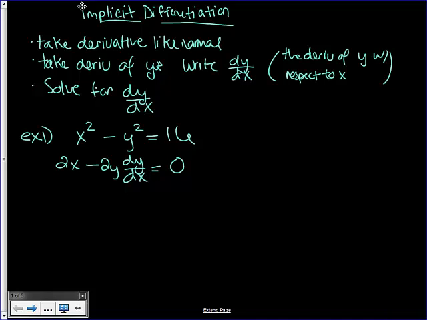Now, my last step, solve for dy/dx. So to solve for dy/dx, I'm going to move 2x over, so I have negative 2y dy/dx equals negative 2x. I want to solve for dy/dx, so divide by negative 2y.